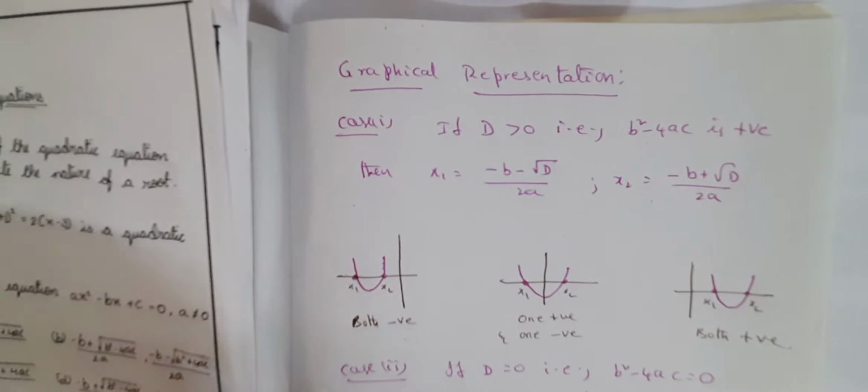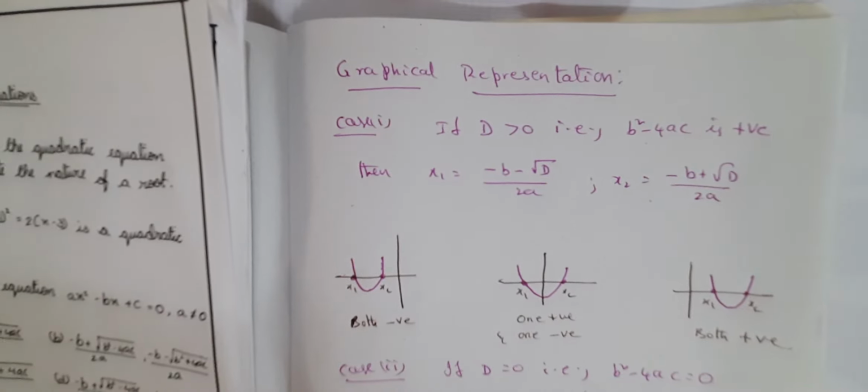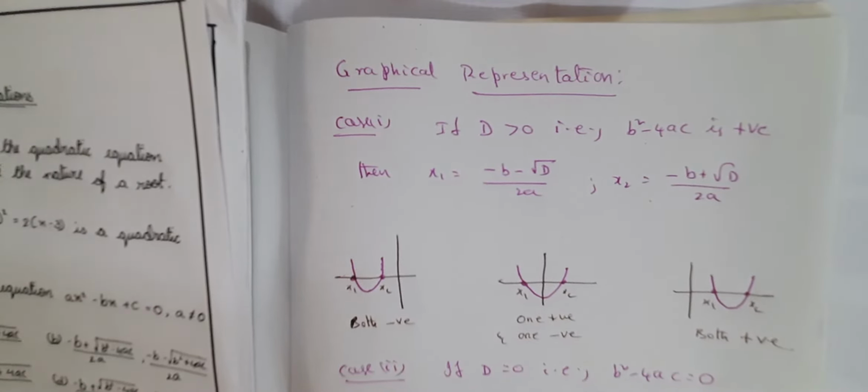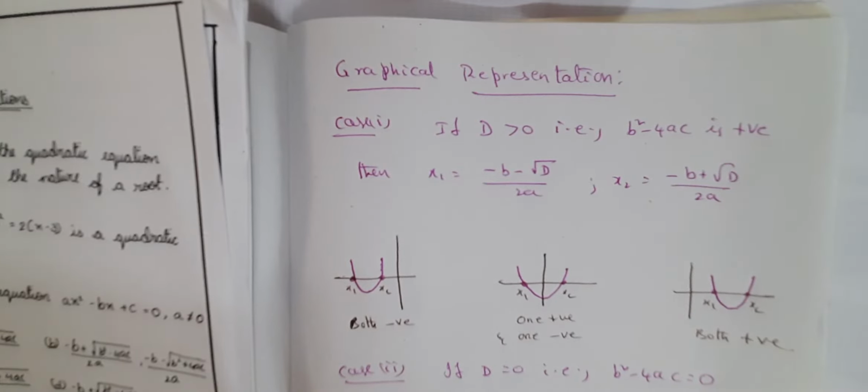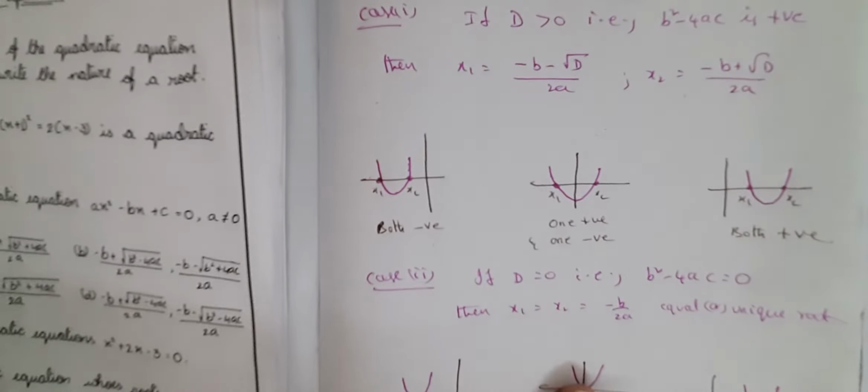And now the graphical representation. Case 1, if d is greater than 0, that is, as we have already seen, the discriminant is positive, then definitely there exist two roots. Hence, graphically we represent the roots like this.